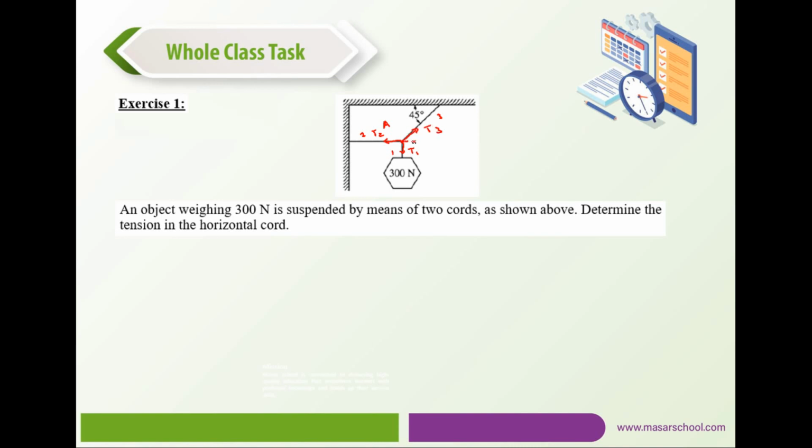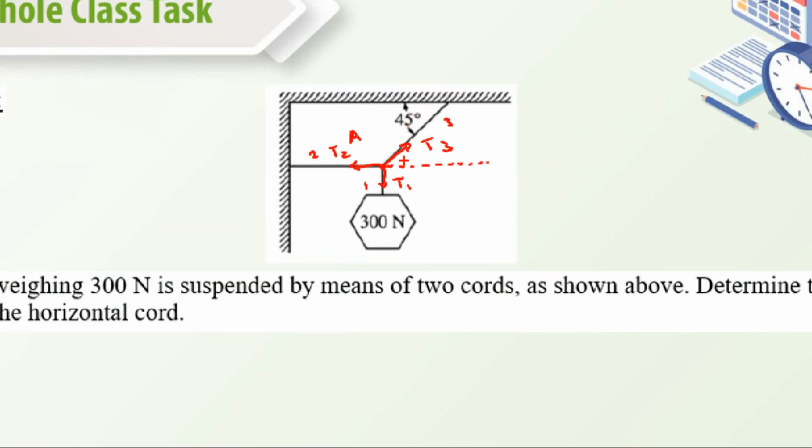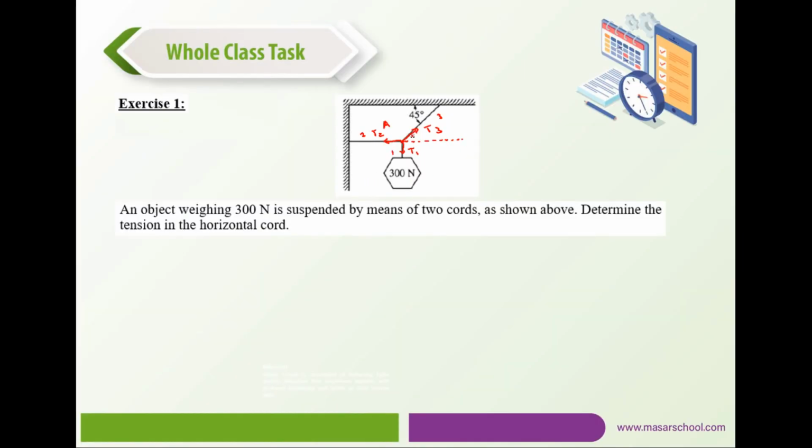Let me say this is the horizontal. If this is 45, then that would also be 45 because this is a horizontal, this is a horizontal, and they have the Z shape. So that would be 45 degrees.